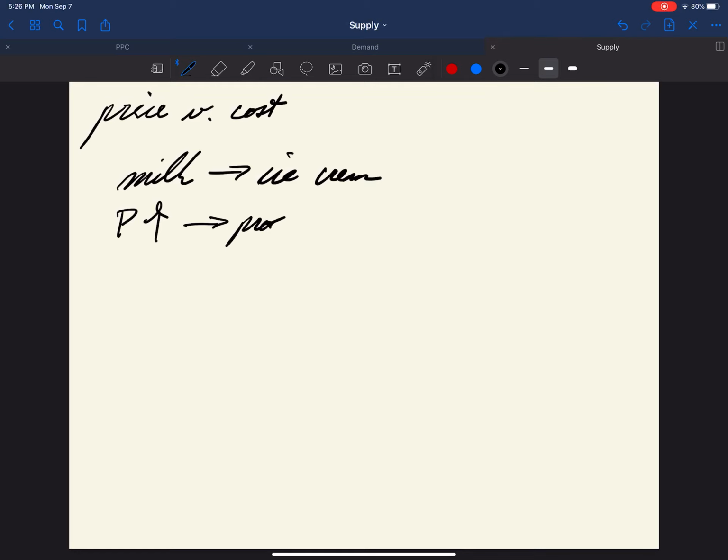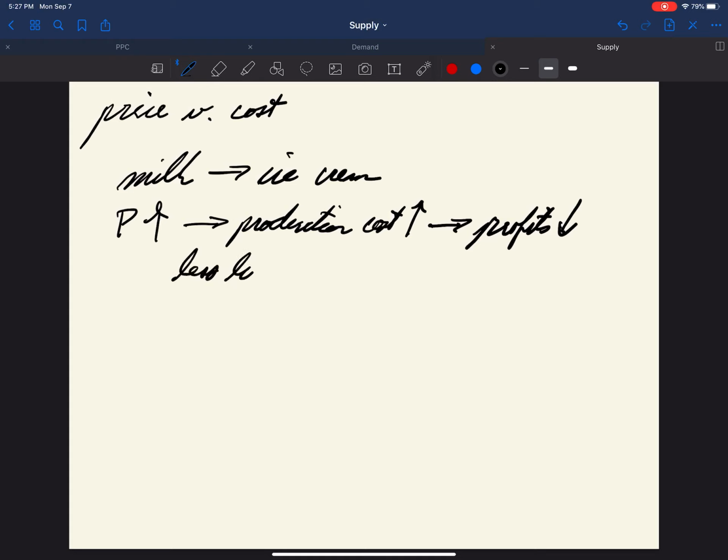Well, since this is an input cost into overall production, my production cost has to increase by the very nature of the fact that the price of milk increased. Okay? Now, assuming prices stay the same, what's going to end up happening to my profits? Well, if my production costs increase, my profits are going to decrease. If my profits are going to decrease, I'm going to be less likely to make the product.